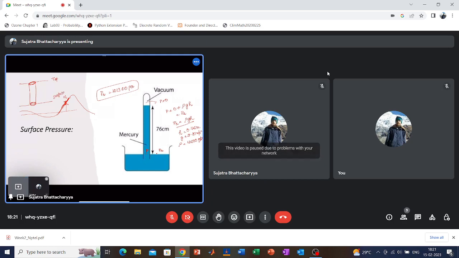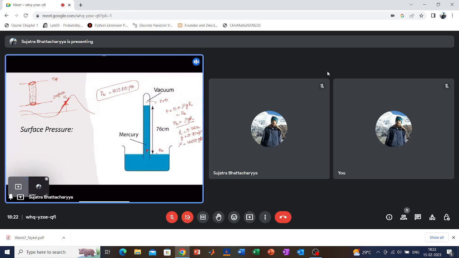Now whatever pressure is experienced at the surface is actually because of all the gases which are present above it. Because of all these gases, the surface is getting some pressure.